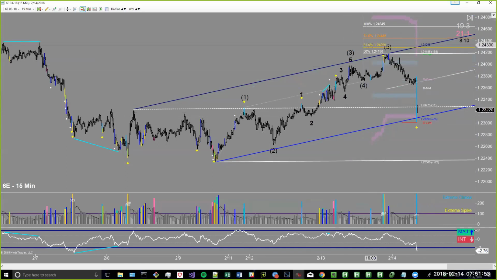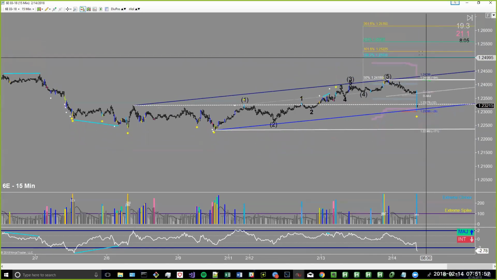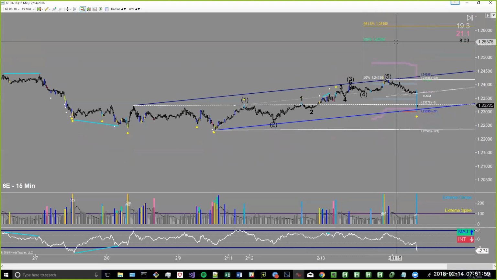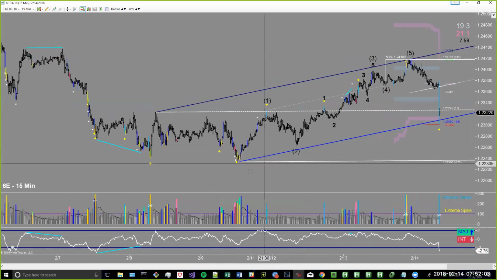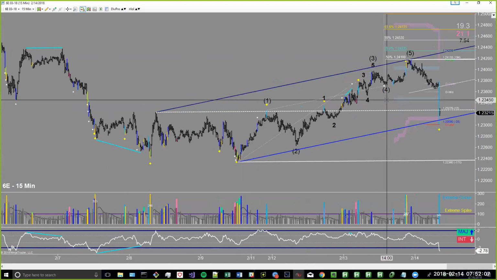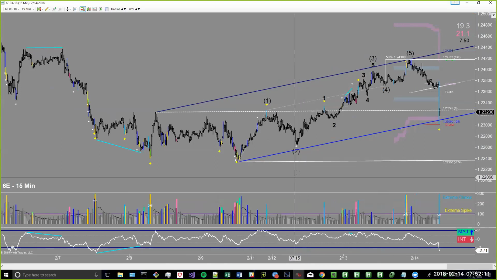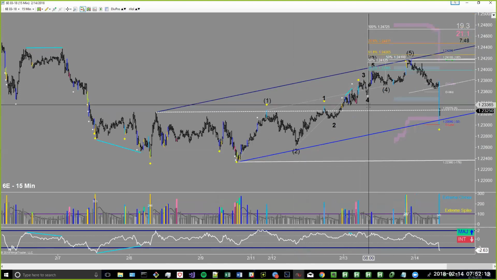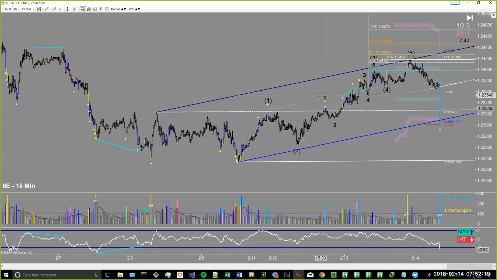Almost looks like a triangle of a fourth wave, really. I guess it works, right? Yeah, I guess so.